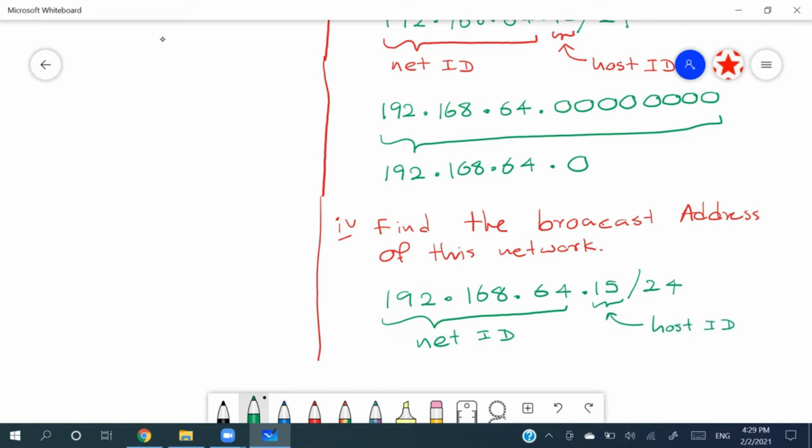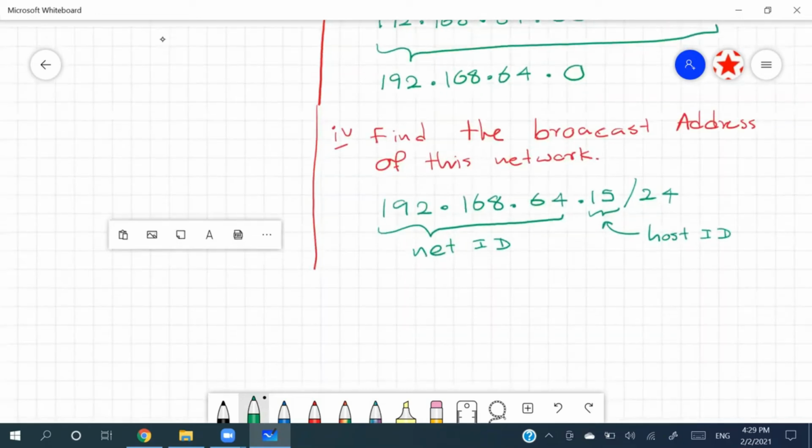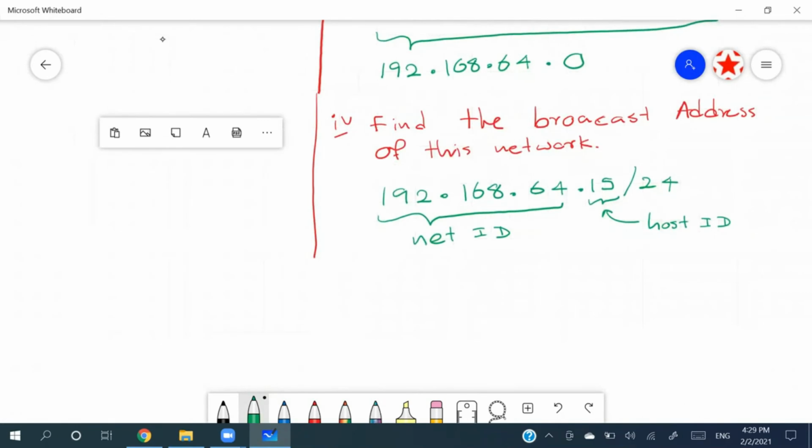So what the concept says is, keep the net ID as it is. So 192 won't change, 168 won't change, 64 won't change. Why? What is the reason? Because the net ID covers all 3 octets, the first 3 octets, right?